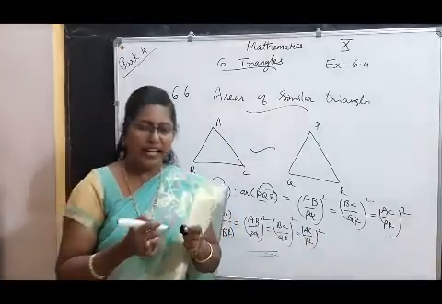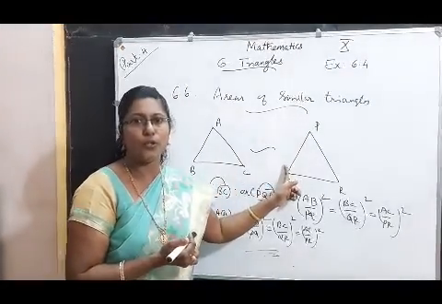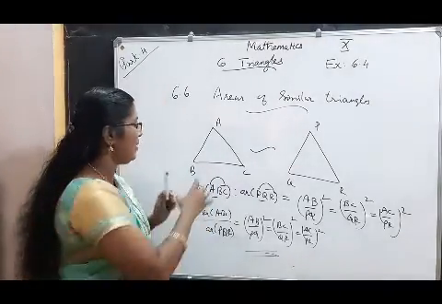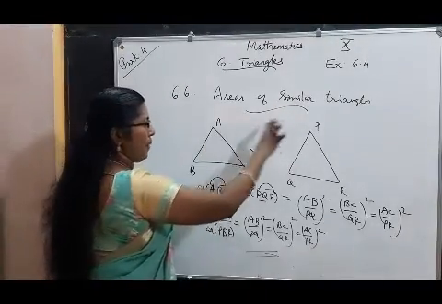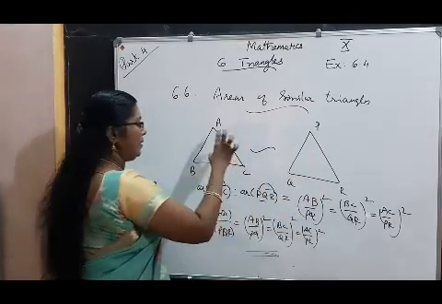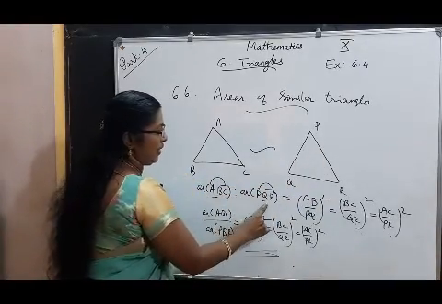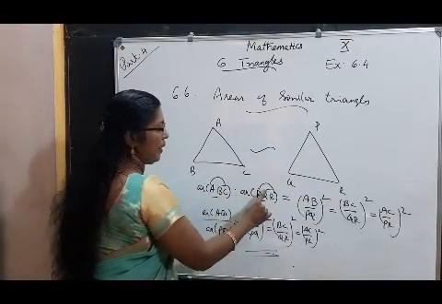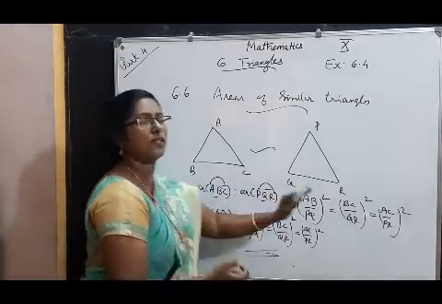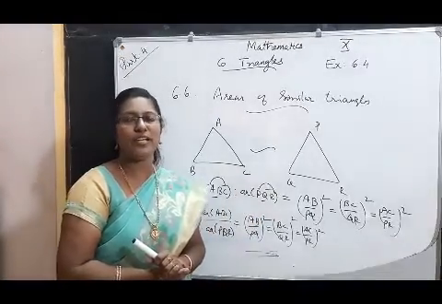I repeat, the ratio of areas of two similar triangles is equal to the square of the ratio of their corresponding sides. That means corresponding sides AB by PQ, BC by QR and AC by PR, the whole squares.